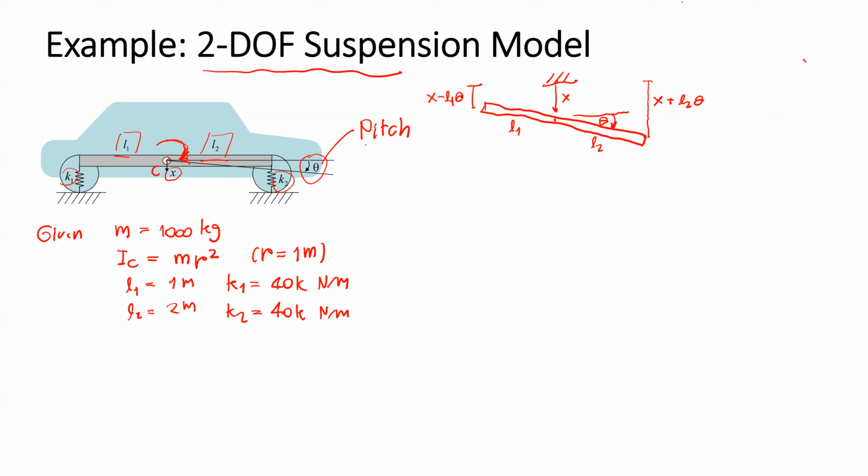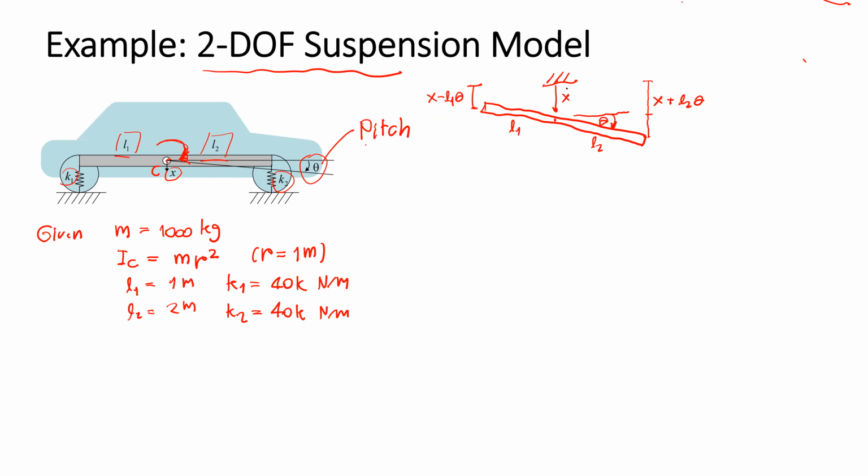Does that make sense? Because if the body of the car rotates with the pitch angle theta, the distance at the front of the car will be the vertical displacement plus the displacement due to the pitch of the car. But for the rear, it will be in the negative direction. The distance is smaller than x.